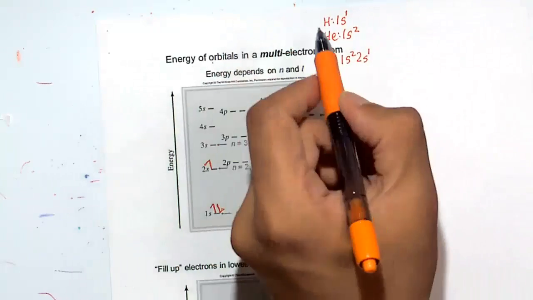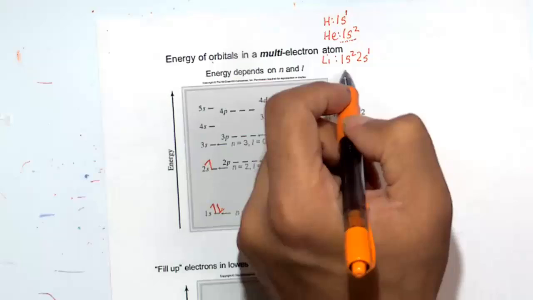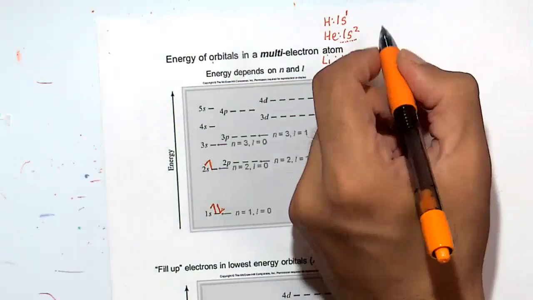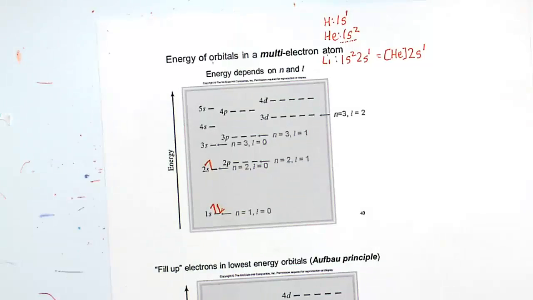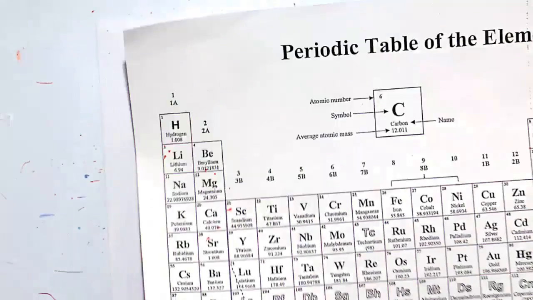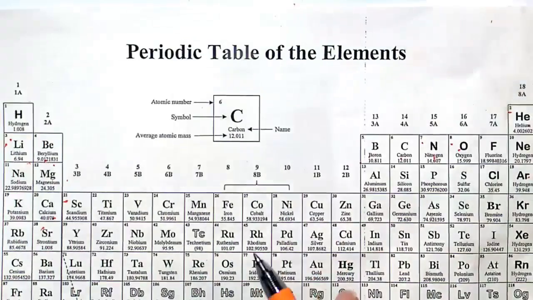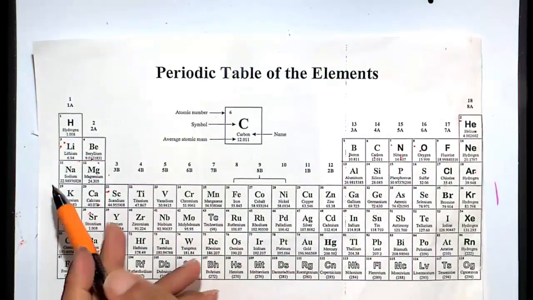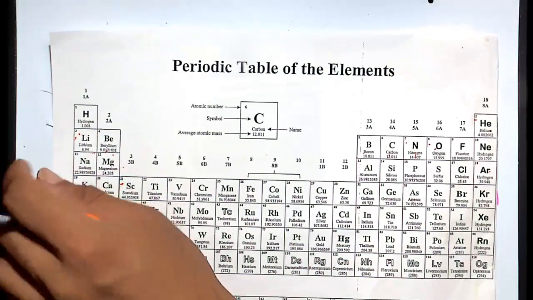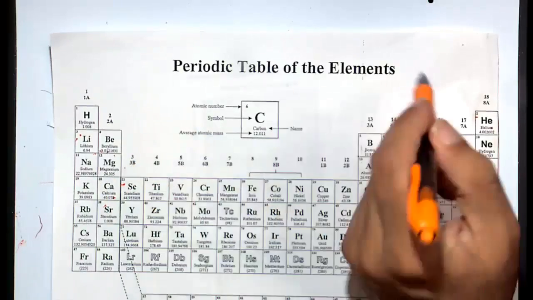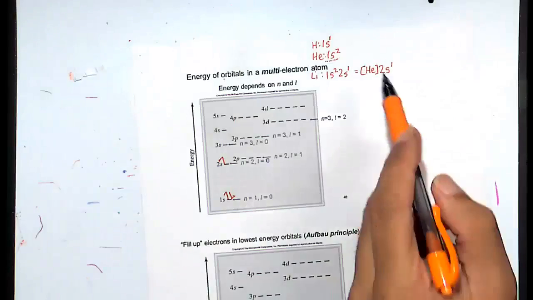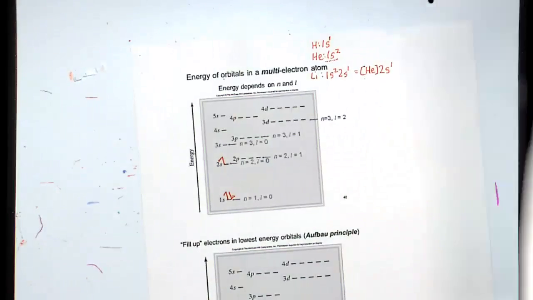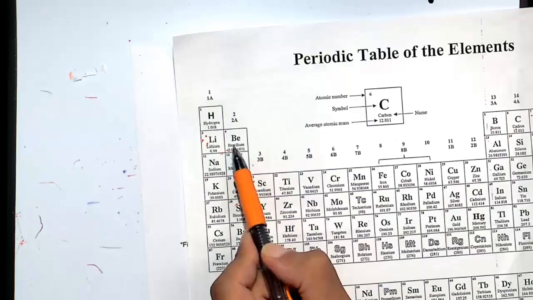Oh, wait a second. What is 1s2? 1s2 is the same thing as helium. Do you guys see this? That's its nearest noble gas. So to fill up the 3 electrons of lithium, 2 of them from helium, and then 1 from lithium. So it's helium 2s1.